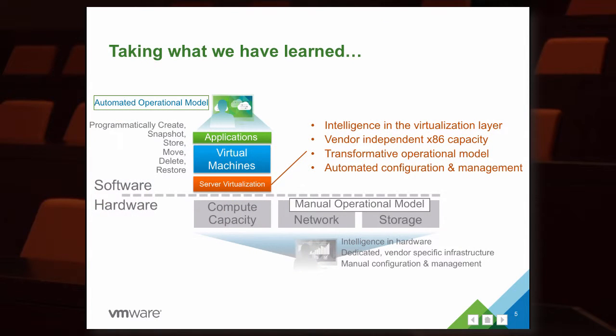We've taken what we've learned, where we started with the compute capacity and moved away from this clearly only hardware operational model to allow for automated operations for the applications, the virtual machines, and the server infrastructure, giving us the ability to do all of the things that we wanted: create snapshots, store, move, restore, delete machines whenever we needed, and specifically to make sure that we were agnostic of the vendor, that all we had to do was ensure that the machines were compatible and that we could move between different types of machinery.